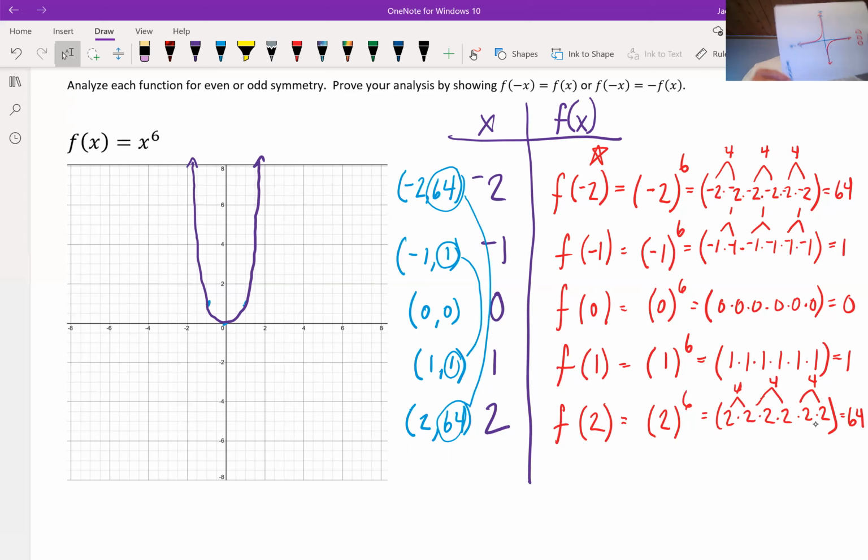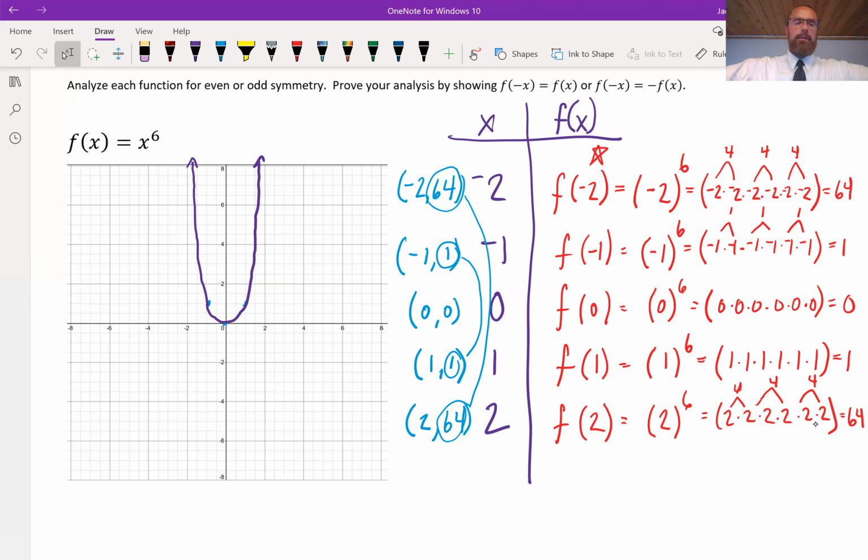If I rotate it 180 degrees around the origin and get back to the same graph, we would say that that function is odd. So we can make a hypothesis about the function symmetry just geometrically.